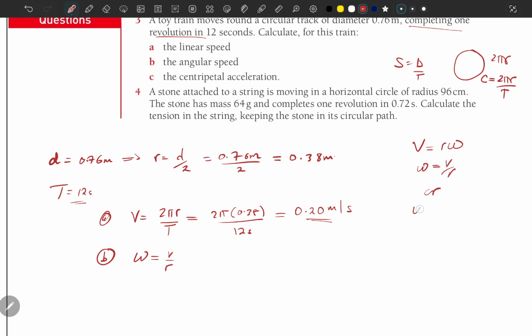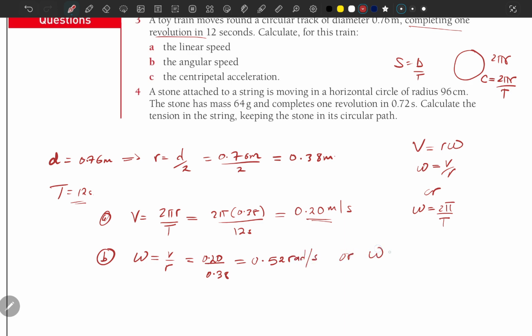Or you can use this: angular velocity is just 2 pi over time. The answer will be the same, by the way. So when you use this, you have 0.20, the radius is 0.38, and I'm getting something like 0.52. Now these are radians per second.